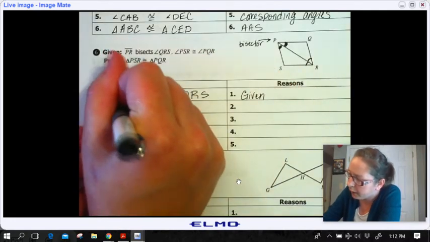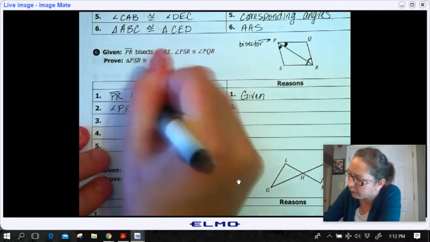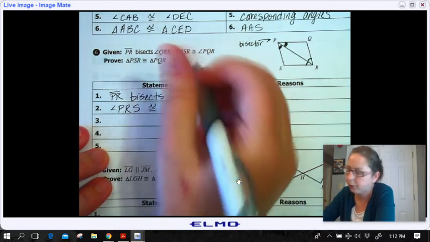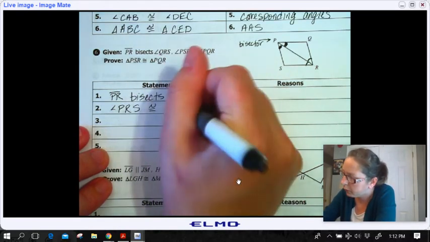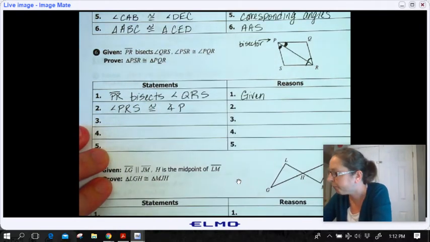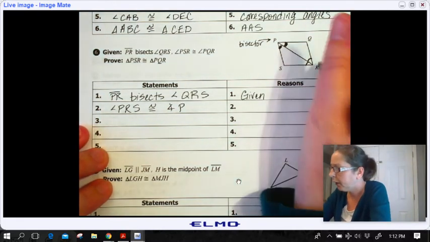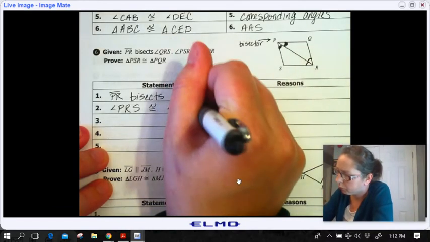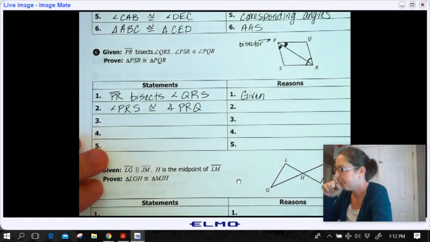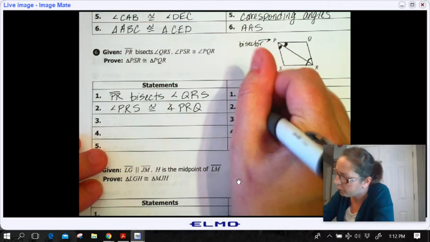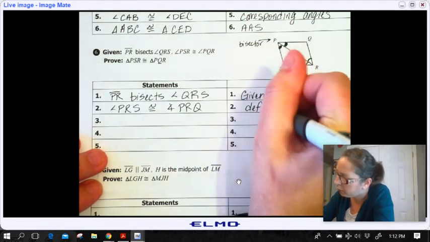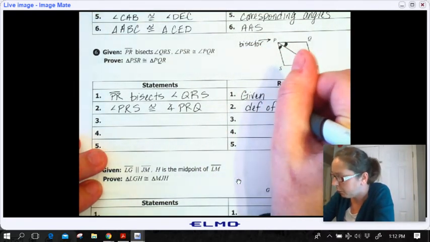So angle PRS is going to be congruent to angle PRQ. Okay, that is by the definition of an angle bisector.